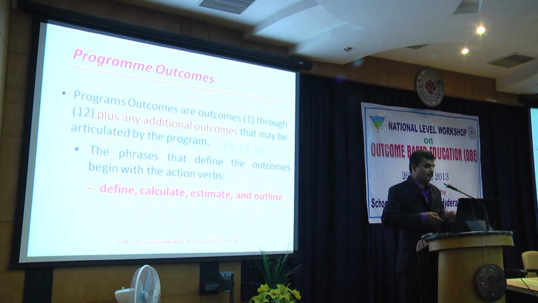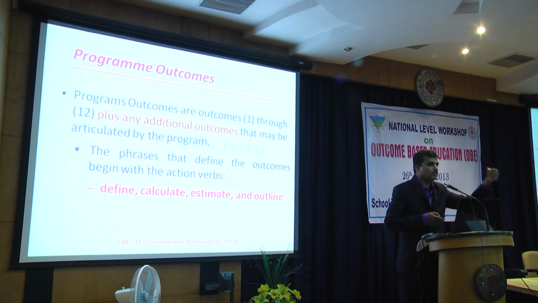Now, program outcomes. What the NBA has decided is program outcomes 1 through 12. Twelve attributes have been defined. Now you can add POs as per your vision and mission, so you need not restrict yourself to those attributes only. Your vision might be different. NBA has already taken some vision that might be different.